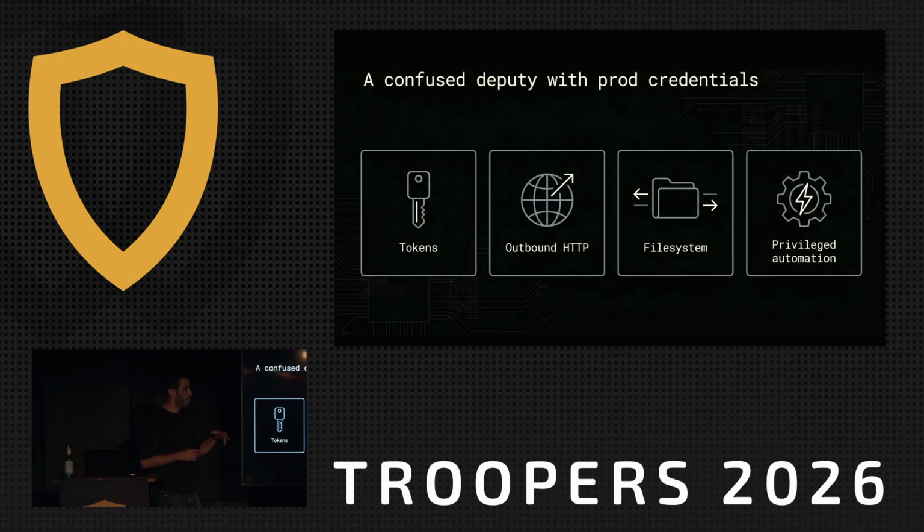And a lot of times, we also use it to perform automatic tasks or workflows that require higher privileges. And this is just for it to do its job, right? There's nothing wrong with that. That's just the way things are. But the repercussion of that is that if an attacker gains control or is able to influence the MCP server, then he or she gains a lot of power in the process.